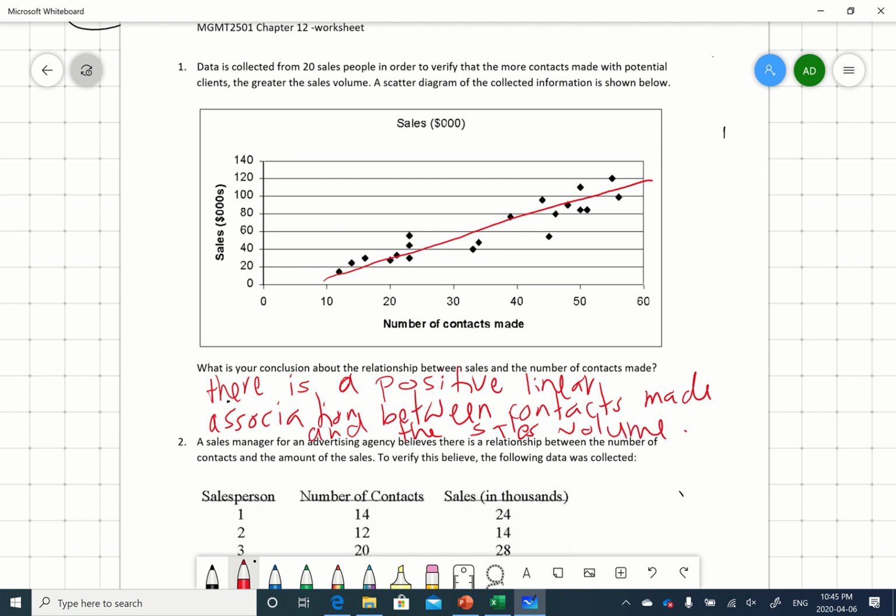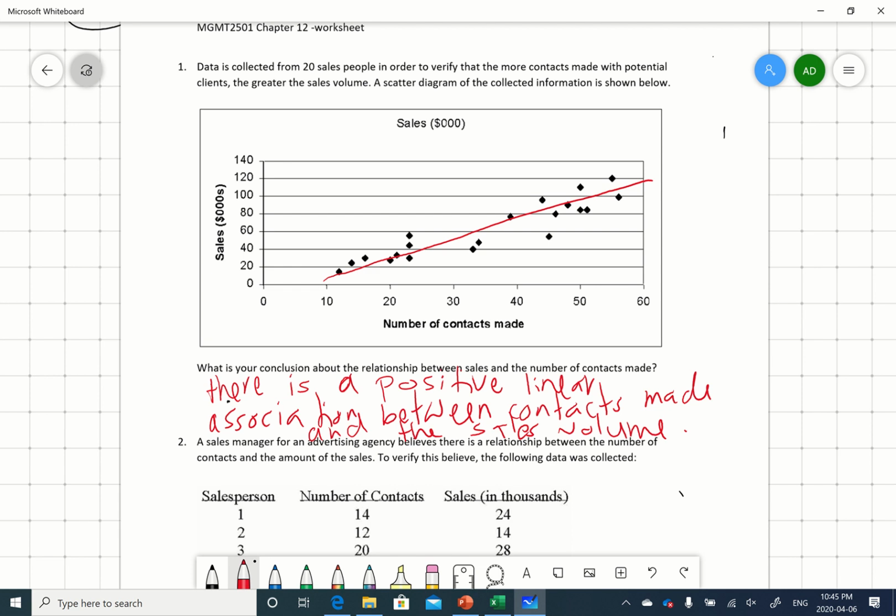Okay, so you can add more words to this explanation. Like I said, when you look at a scatter diagram, people can have different opinions, but everybody could agree that it's increasing, right? Overall, it's increasing. But you may have different opinions based on how well it looks like a linear association or not.